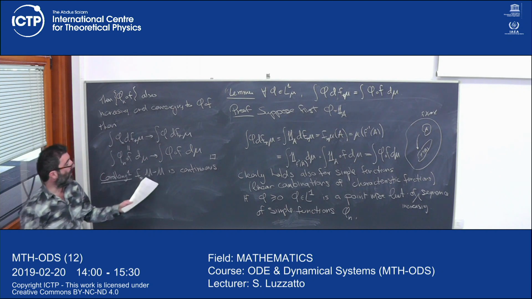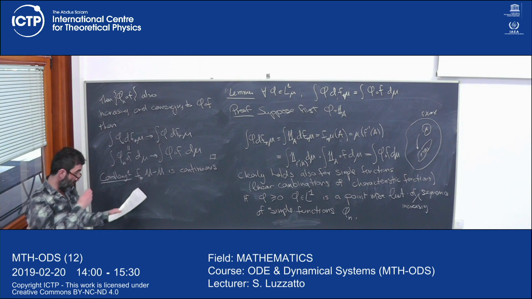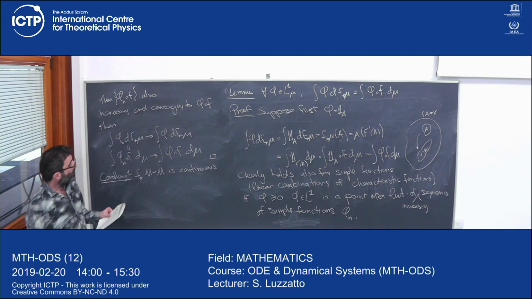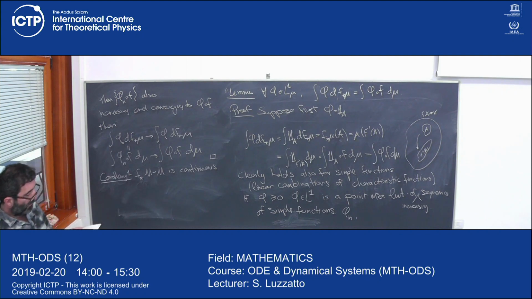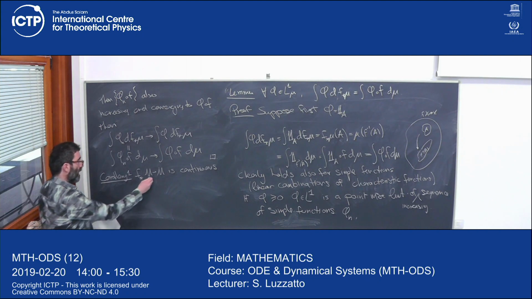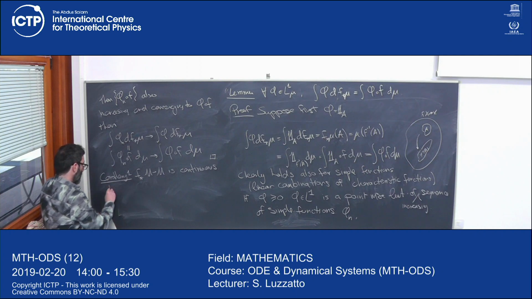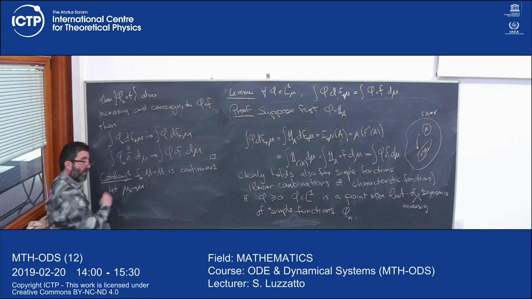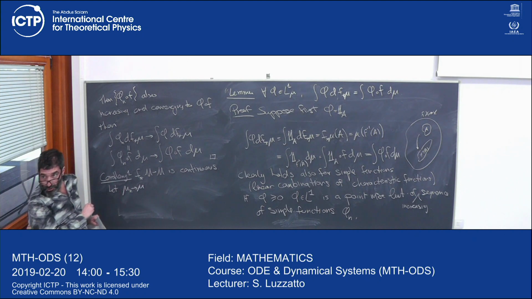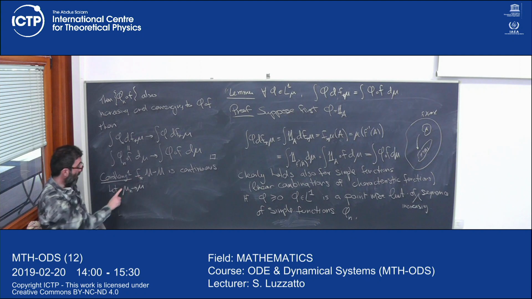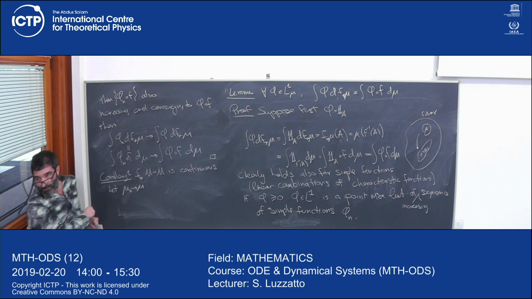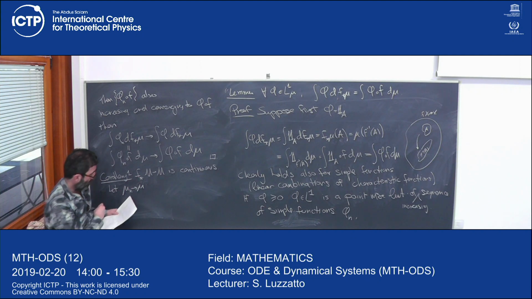So on M we have the weak star topology, so we can define the notion of continuity. And why is it continuous? How do we show that it's continuous? Suppose we have a sequence mu n converging to mu, right? To show that it's continuous, we just need to show that f star of mu n converges to f star of mu. That's the continuity, right?